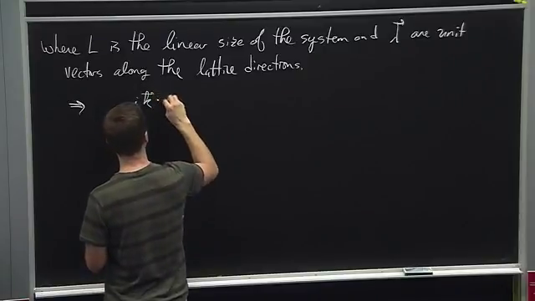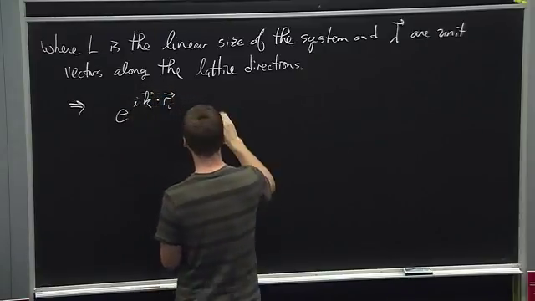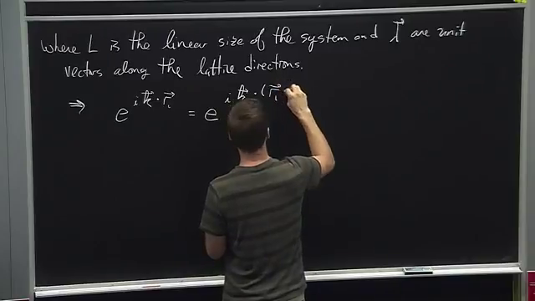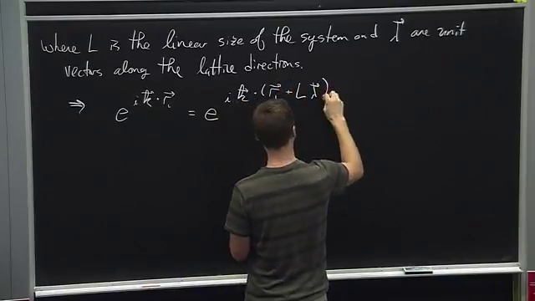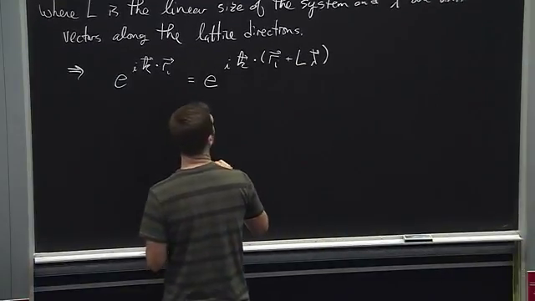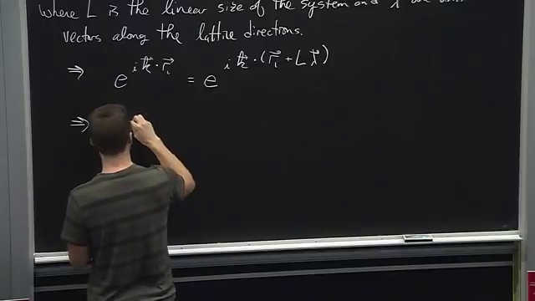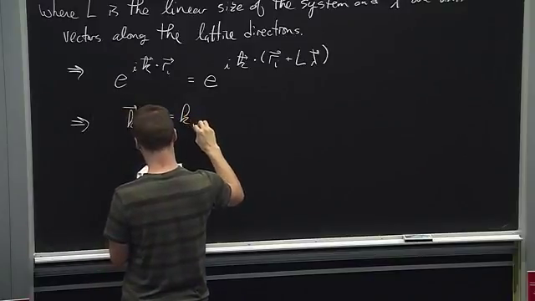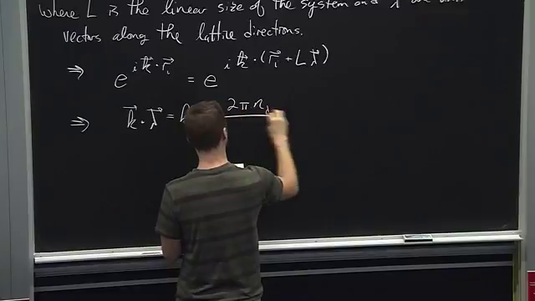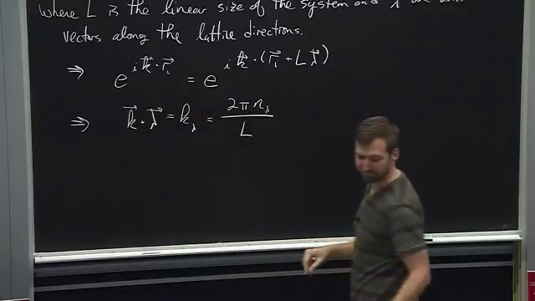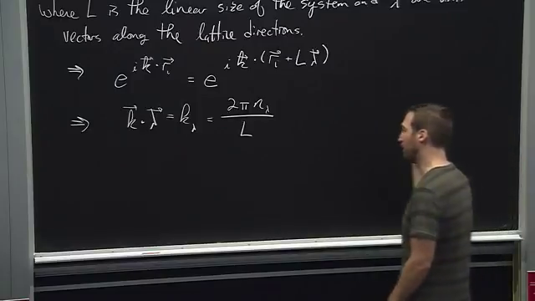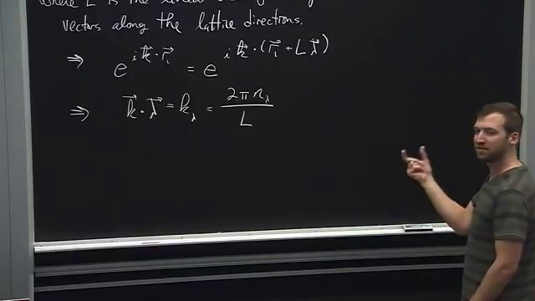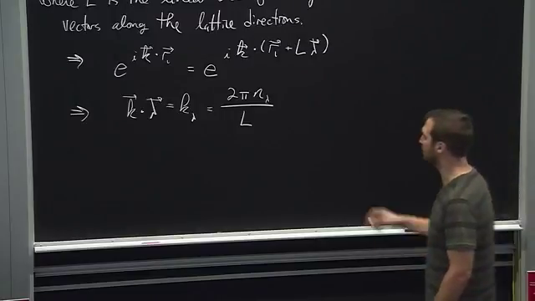K dot R plus L lambda, which gives us the, if you will, the discretization of the momentum space of the Brillouin zone, where the lattice unit is just 2 pi over L, and n is some integer.